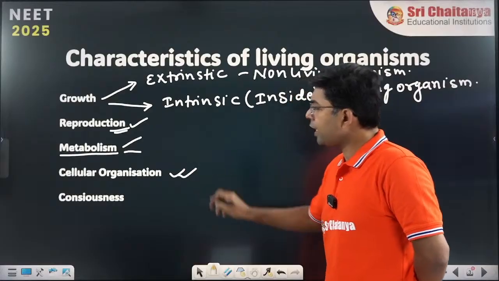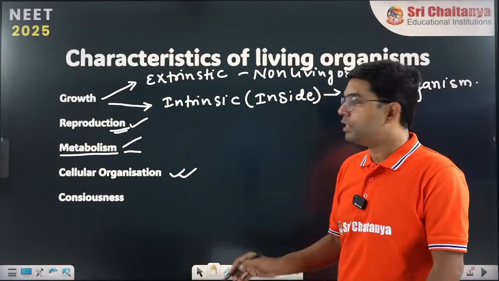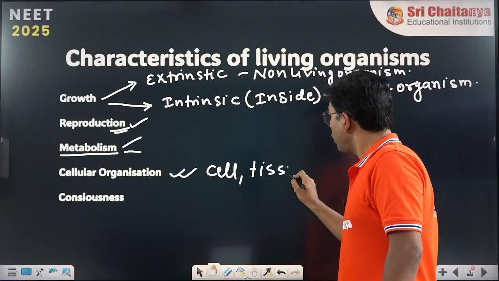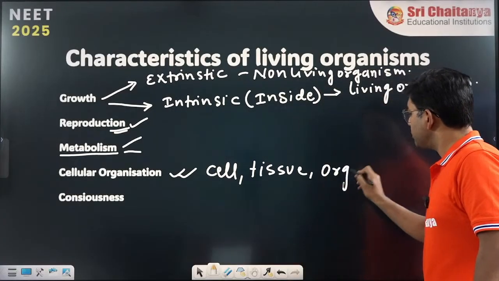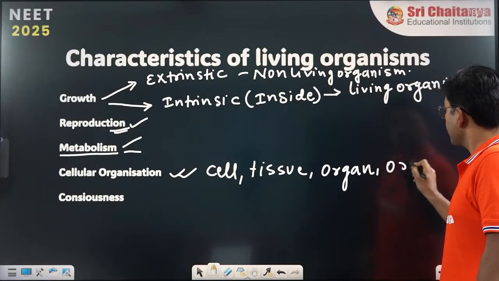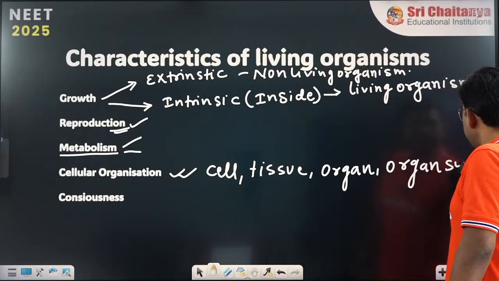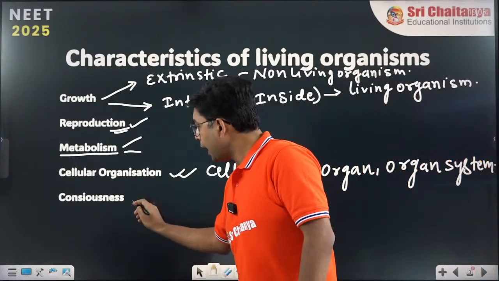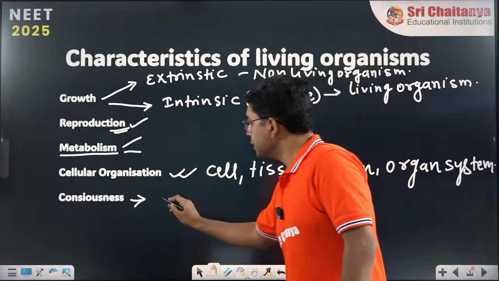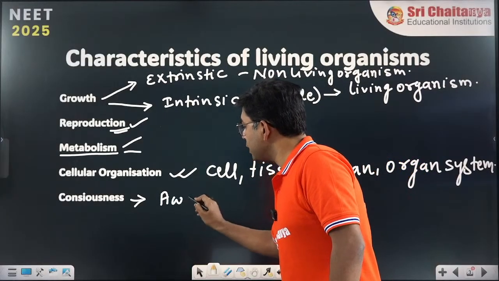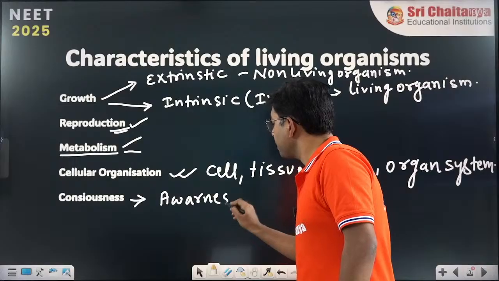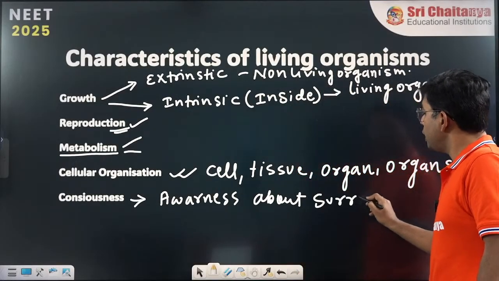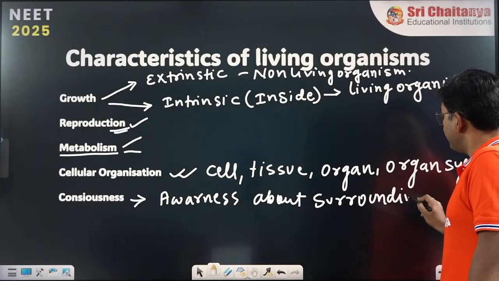Further, cellular organization: all living organisms are made up of cells, tissues, organs or organ systems, so this is also a defining feature.